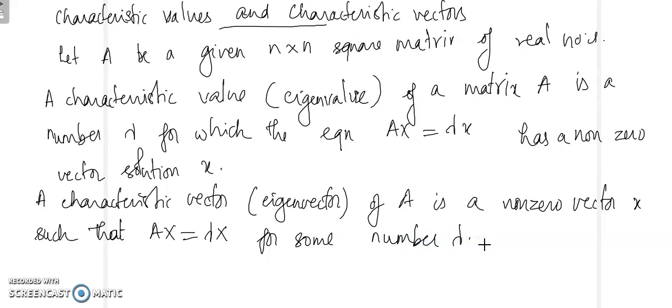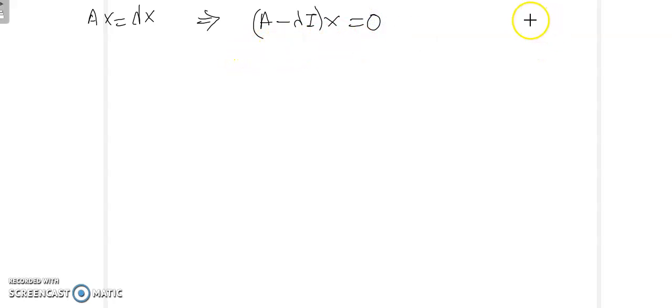And again when you take the equation, let us see how to find the characteristic values and characteristic vectors. So we have Ax equal to lambda x, so that implies A minus lambda I x equal to 0. Again this is a system of equations in the form Ax equal to 0. We need to find the non-trivial solutions. So x cannot be 0.